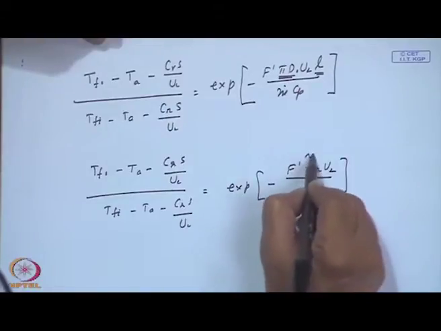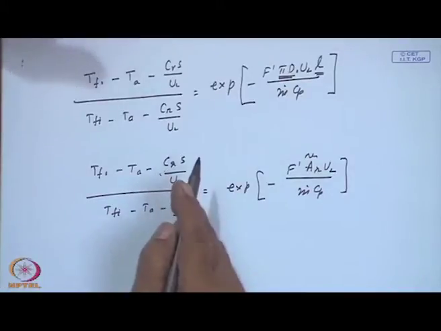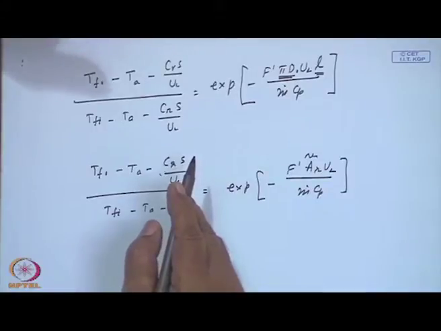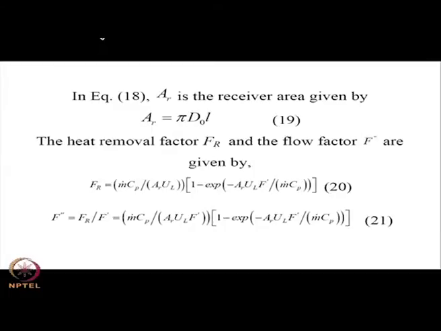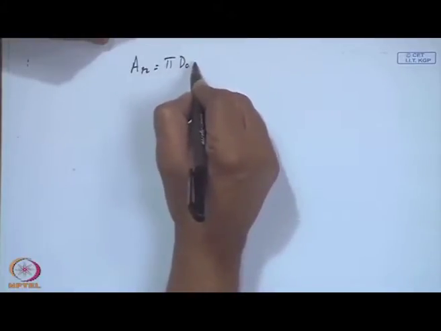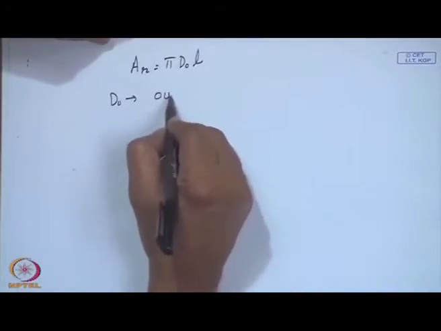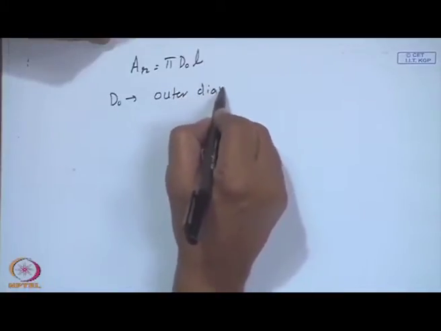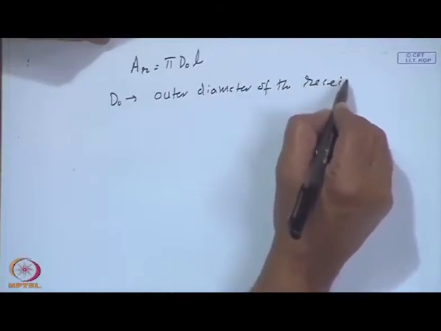So, this is in terms of the area of the receiver, and if you put CR equal to 1, you will have the same equation we have had for the flat plate collectors. Now, just to be clear, area of the receiver will be pi d naught into L, where d naught is the outer diameter of the receiver tube.